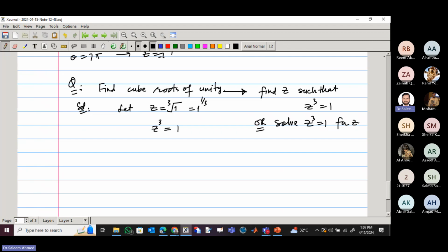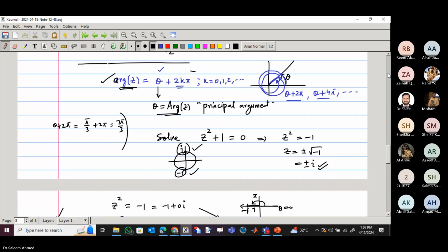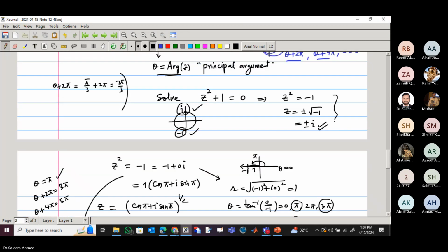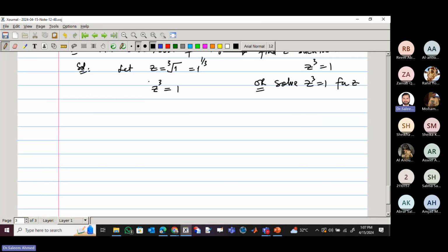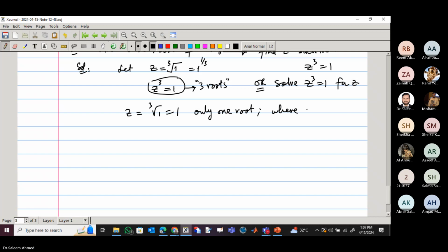If I directly do this, I will not get 3 roots, because if I take the cube root on both sides, it is just the cube root of 1, and that is just 1. Only 1 root. If I'm solving a cubic equation, there should be 3 roots altogether. Three cube roots should be there because it's a cubic equation. So where are the other 2 roots?